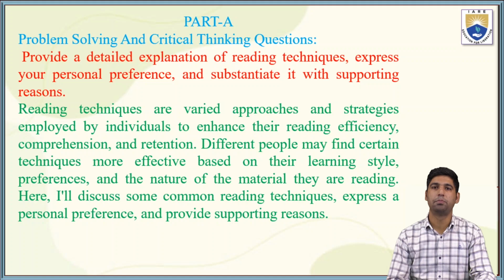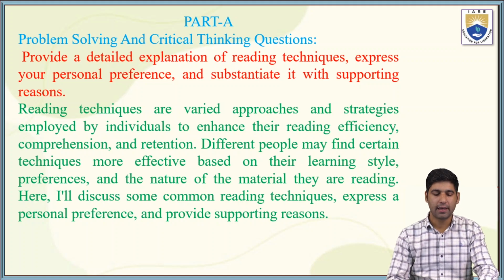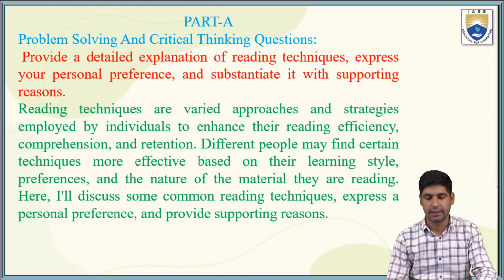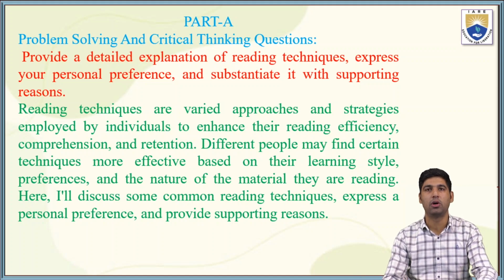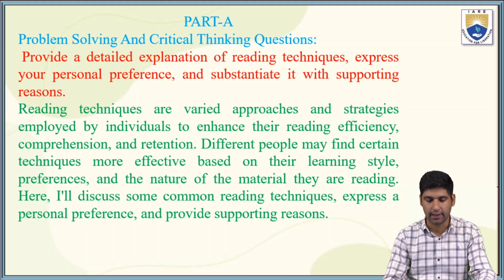Let's discuss part A. As I told you, part A has problem solving and critical thinking questions. I would like to discuss a question with you which is based on problem solving and critical thinking.